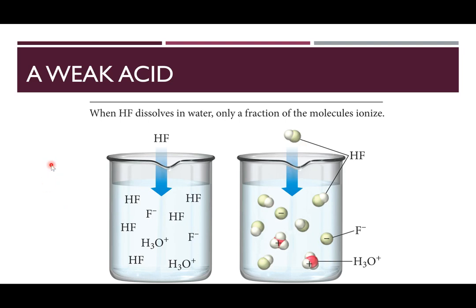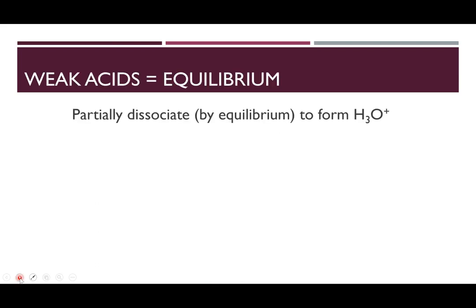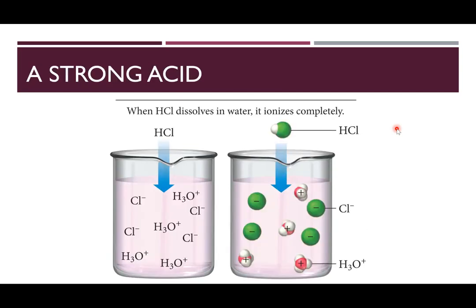For the weak acids, what we're going to be looking at here is an equilibrium. So weak acids equal equilibrium. They partially dissociate to form the H3O. Something that I didn't mention on the strong acids, but I'll go ahead and do it. We'll look at this in much more detail later. But to determine the strength of an acid or a base, what we're going to be looking at is the proton concentration.